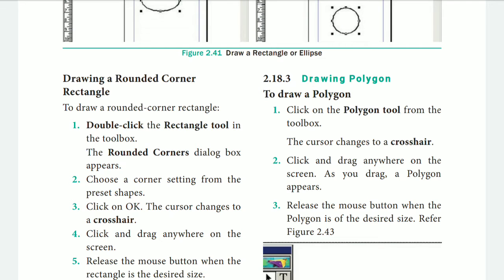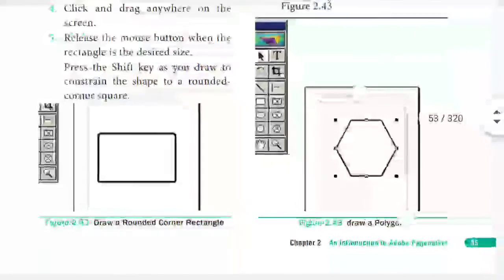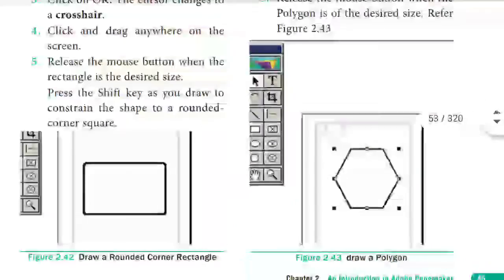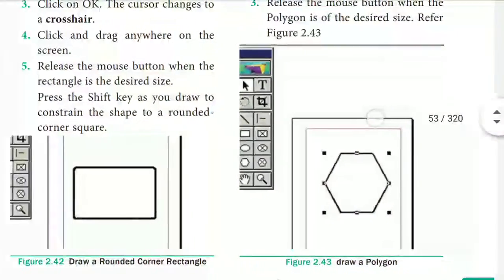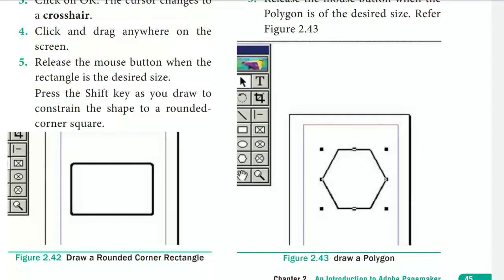As you drag, a polygon appears. Release the mouse button when the polygon is of the desired shape. So this is an example, and here you can see that they have drawn a polygon which consists of 6 sides.